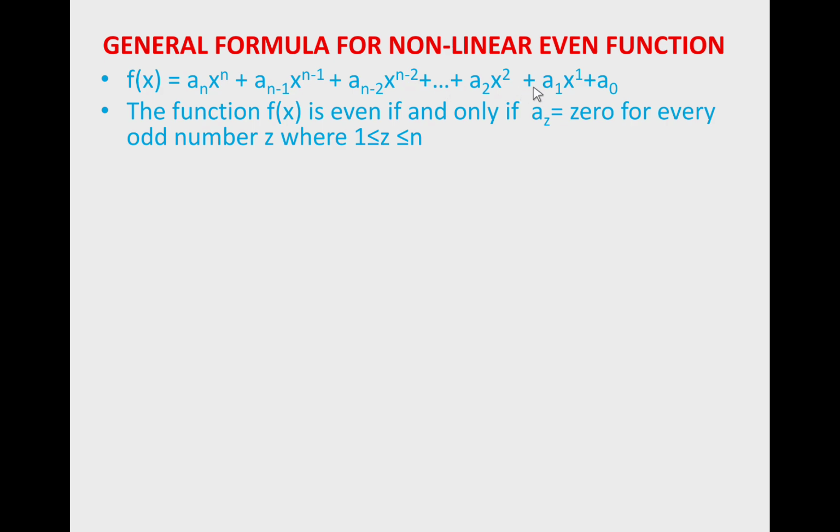That means we just want f of x to have terms with x's but with even exponents, and they could also have the constant term, because x to the power 0 is not an odd term, so we could have also the constant.